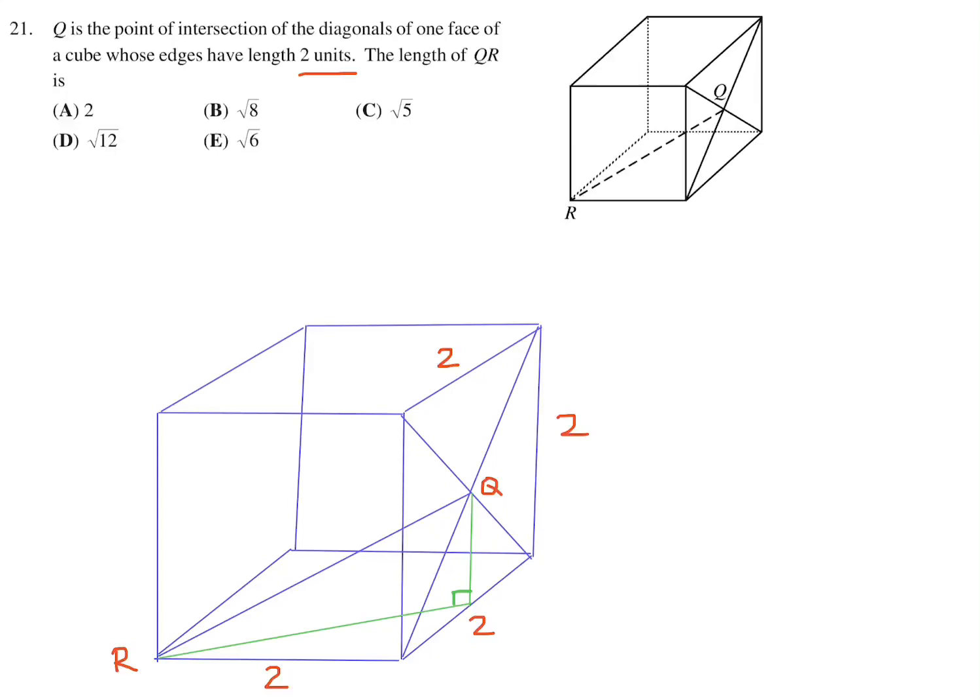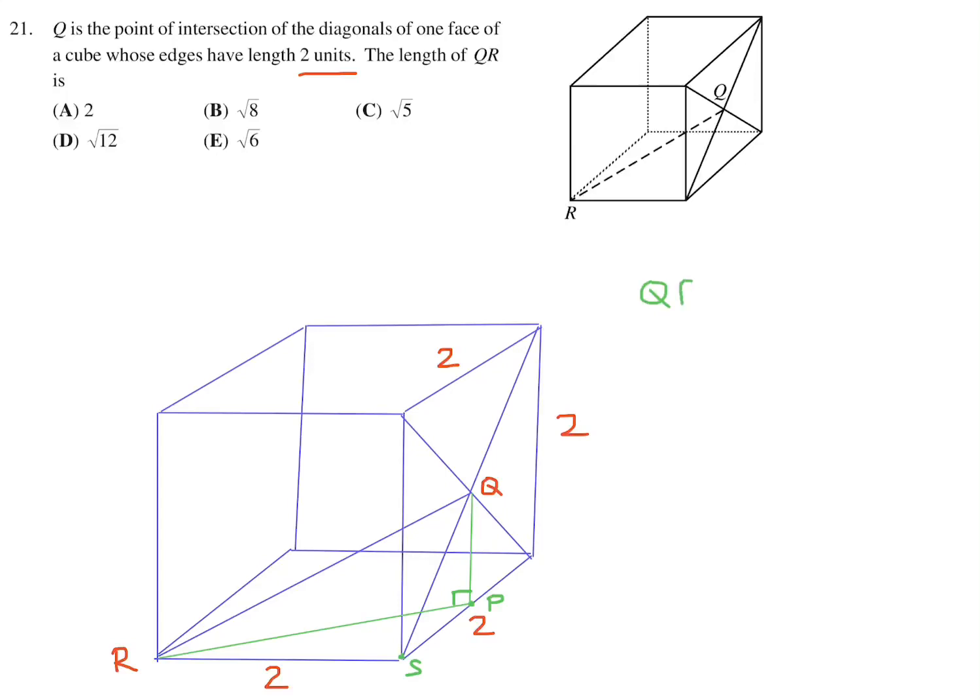Let's label this a little bit here. Let's call this P right here, and I'll call this S. So essentially what we want is RQ or QR.